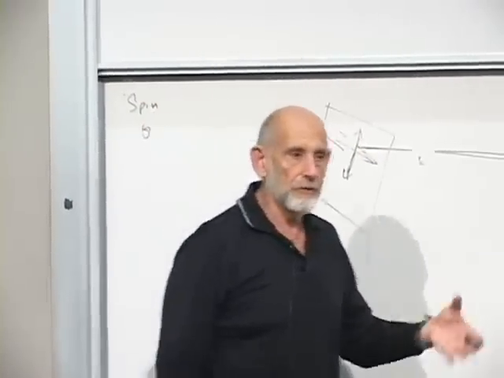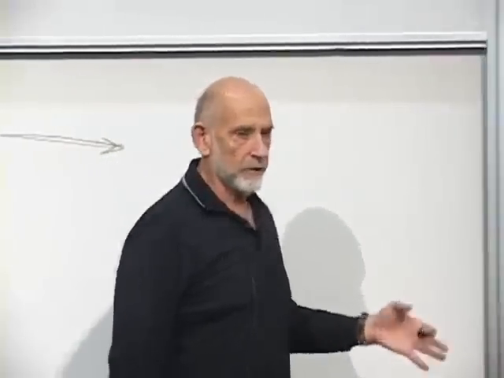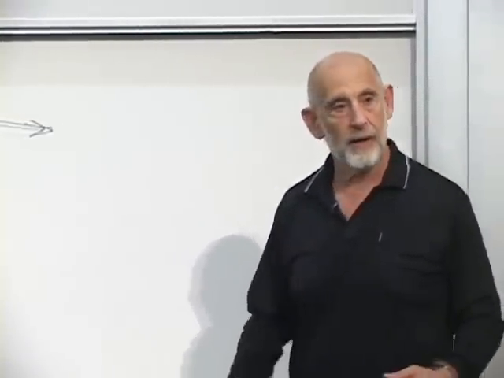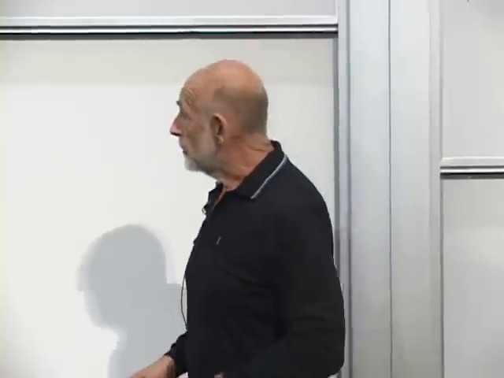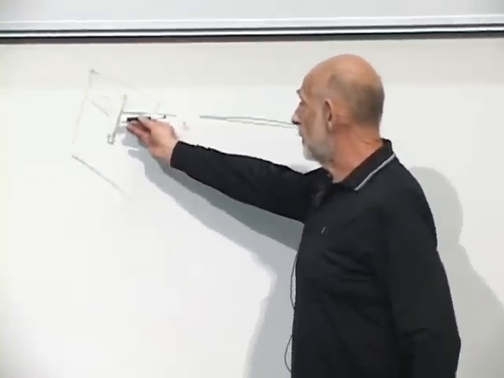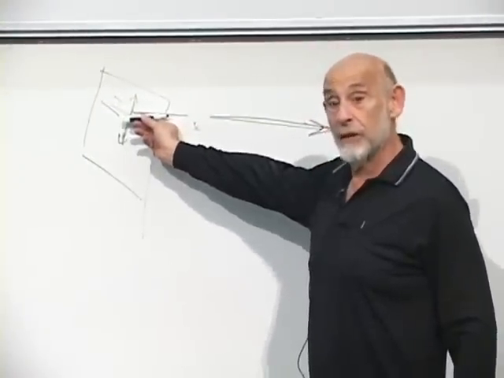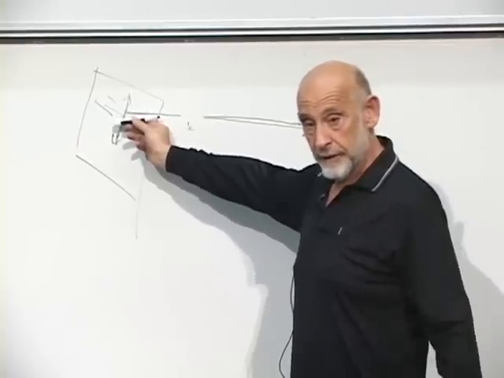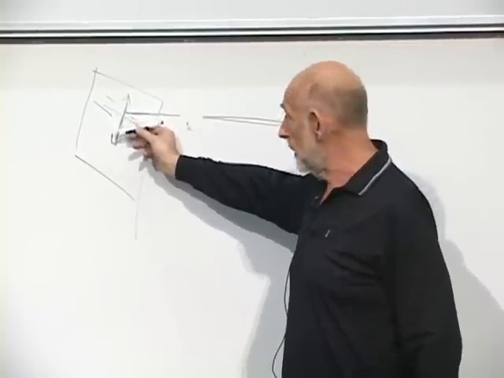The polarization is a vector, but it's a vector which is always perpendicular to the direction of motion of the photon. It's always perpendicular, and the words for that are the polarization is always transverse. There is no polarization of the photon where the electric field arrow points along the direction of the photon. That's not allowed by Maxwell's equations.